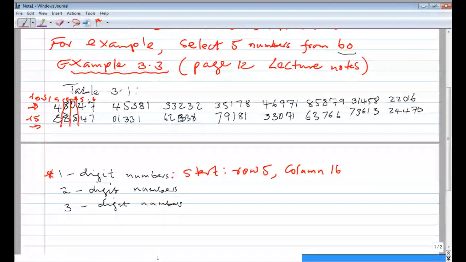These are our columns. Oh, sorry, yes, 0 and 1. Put this one.